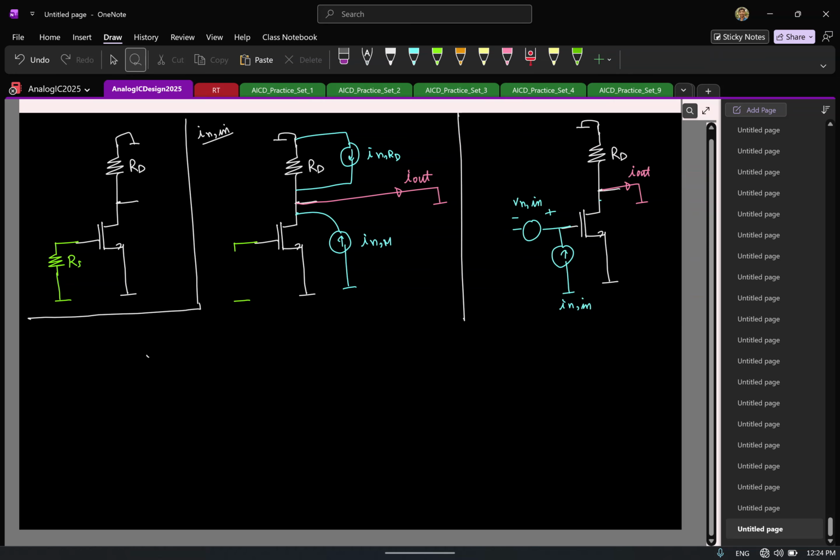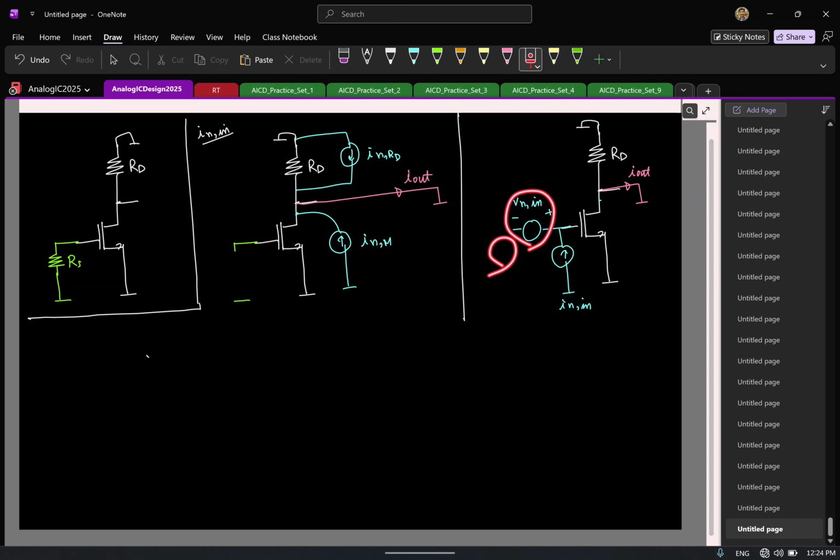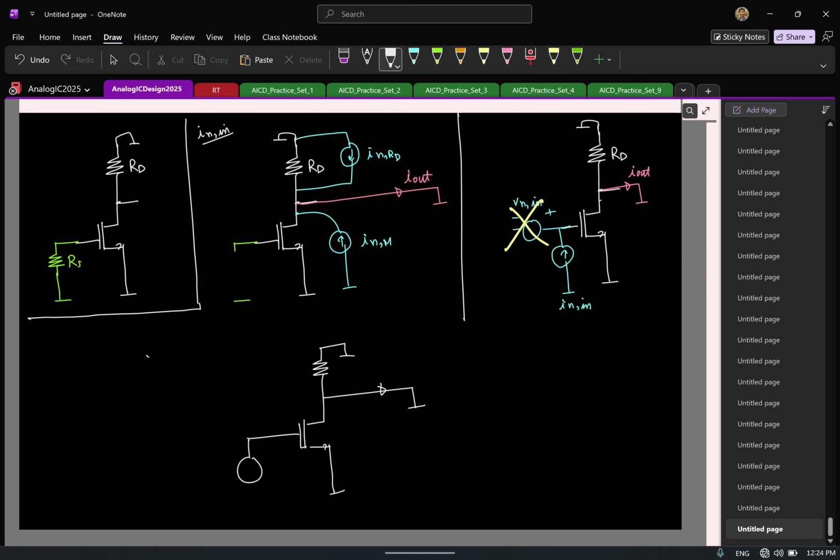So here, as you see, because I have opened Rs, this voltage source is floating, so that is not going to matter. So now I have a circuit like this. So this is shorted. This is what you are supposed to find. And here you have a current applied. So let us say this is I_n,in. So what do you think is the gain from the current I_n,in to I_out?